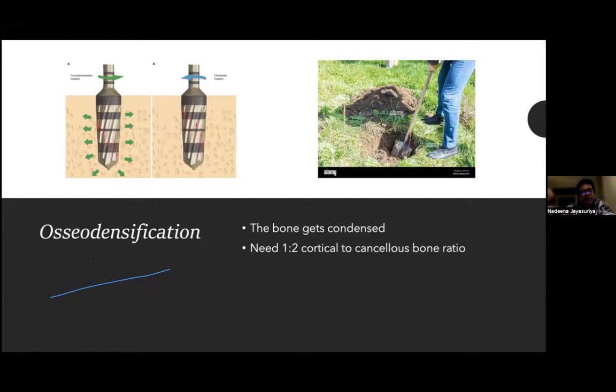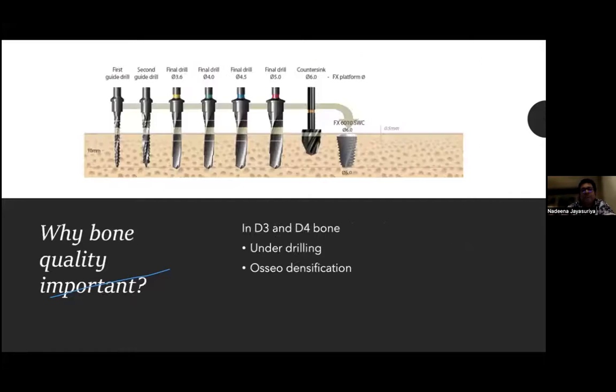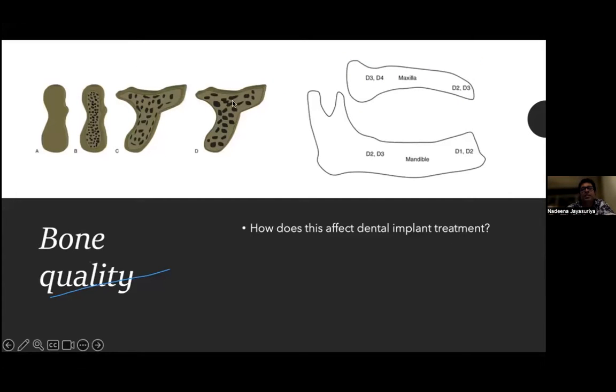So now you can imagine in a D4 type of bone, where the space is very big, if you use an osteodensification burr here, all the bone will pack together and it will turn into something like type B bone. So that is a very useful technique when we want to expand a ridge, or else we want to do a sinus lift kind of procedure where we want to use the extra bone.